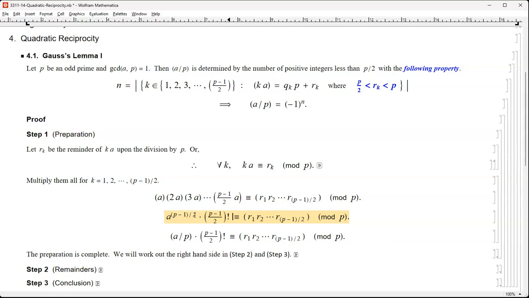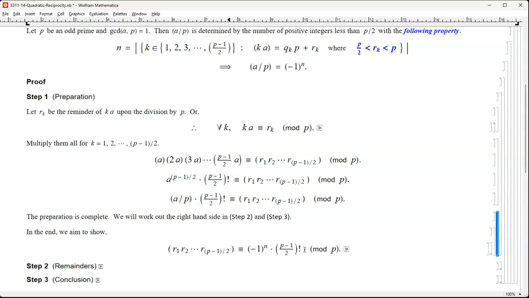And one more observation. This quantity here is congruent to the Legendre symbol, thanks to Euler's criterion. So on the left hand side, we got up to here. The right hand side, we didn't do anything to it, but we're going to work it out in step 2 and step 3. Eventually, what we aim to do is to prove this through step 2 and step 3.